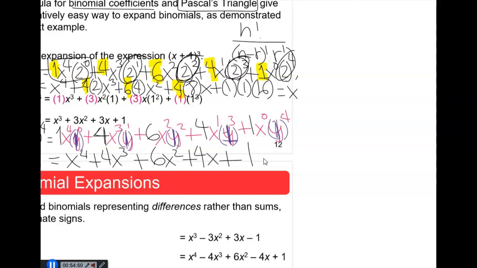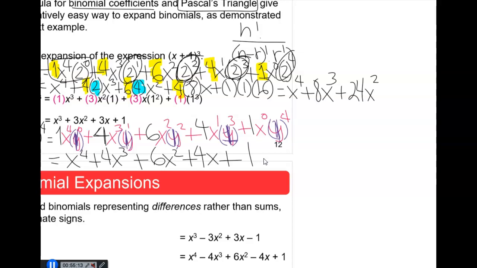That would be x to the 4. And then we will multiply here 4 times 2. So that will give me 8x cubed. Then we will have 6 times 4. So that will be 24x squared.